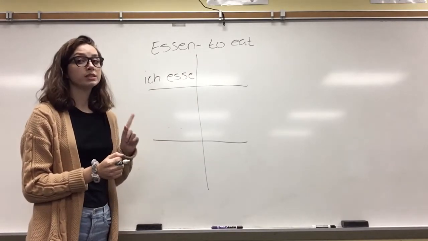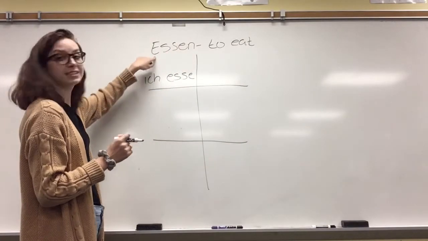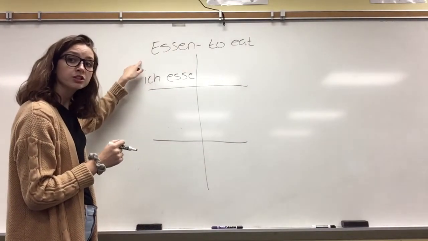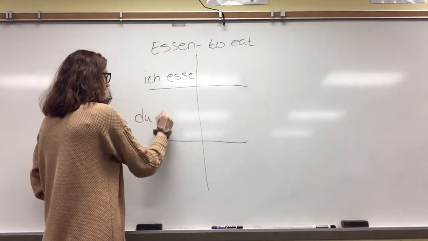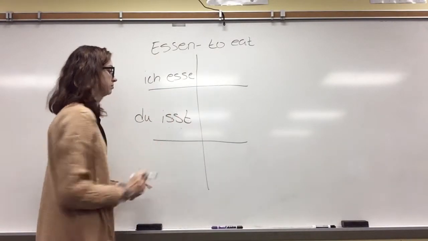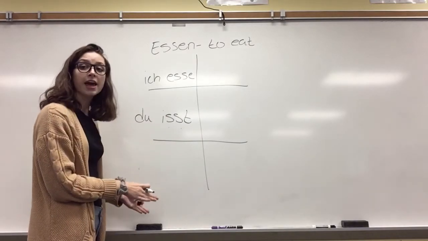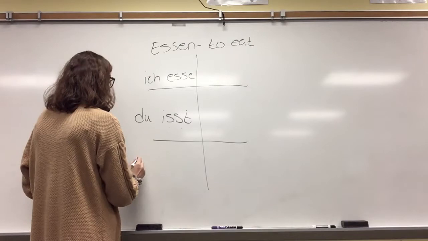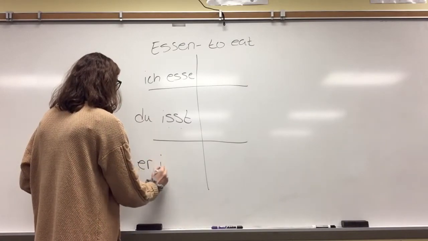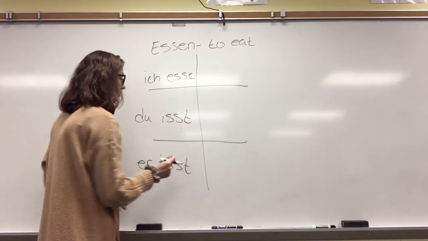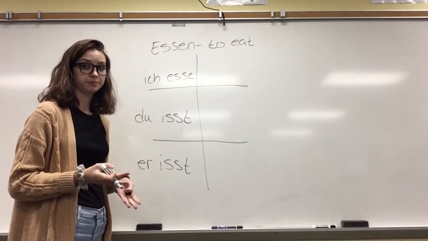Du is where we see the first change. So this E is going to change to an I. Du isst. You see the change again in the er form, or the er/sie/es form. And yes, the du and the er form are the same.